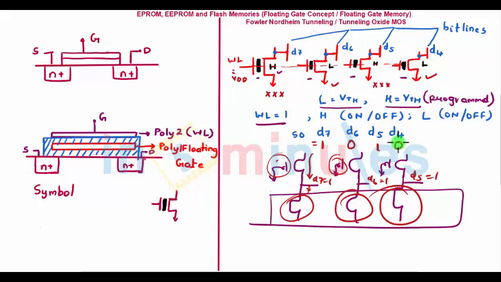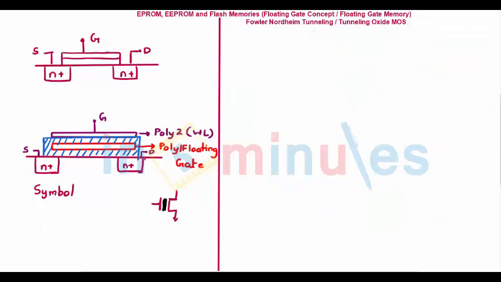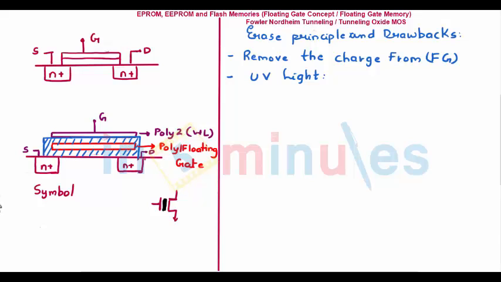That is the electrically programmable ROM. Now how does erasing happen in this electrically programmable ROM? Let's understand that quickly. The erase principle is based on the concept of ultraviolet light. When you want to erase this ROM, in this case EPROM, you have to expose the memory cells to ultraviolet light.